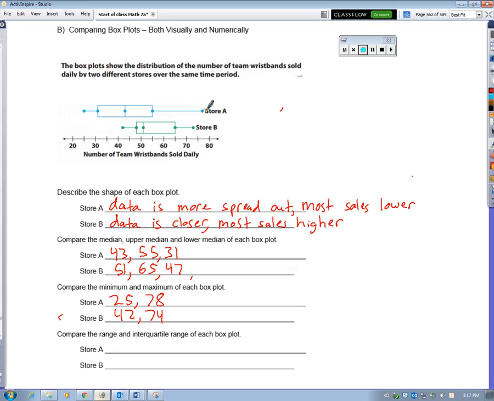Okay, so let's take a look at that one first. Biggest minus the smallest, which we got those numbers right there. So we're going to take 78 minus 25 and see what we get for this one. So it looks like the range for store A is 53, when you subtract those two, 78 minus 25.